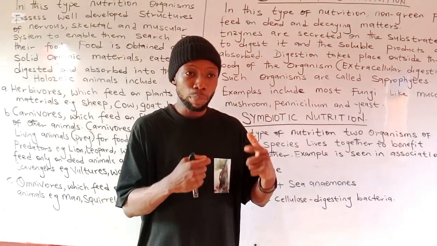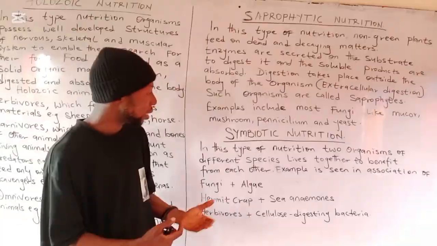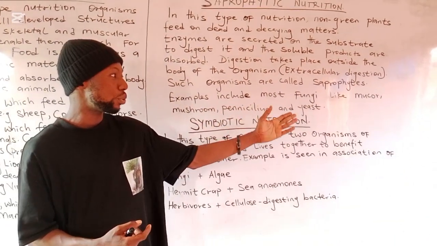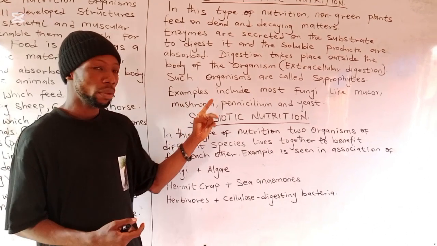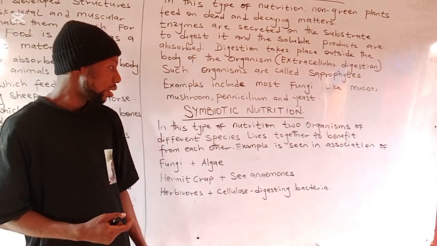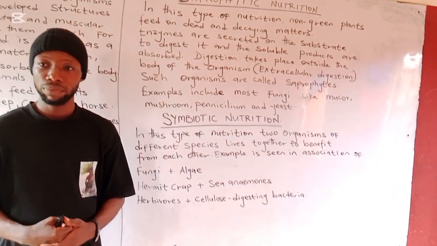So they depend on dead and decaying matter from where they obtain their nutrients. Examples of fungi here on the board are mucor, mushroom, penicillium, and yeast. That's all on saprophytic nutrition.